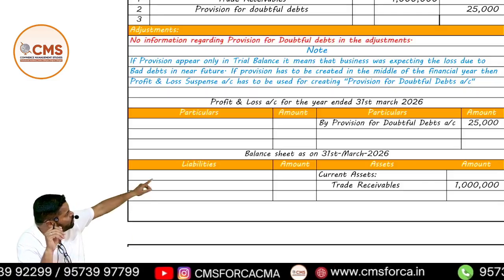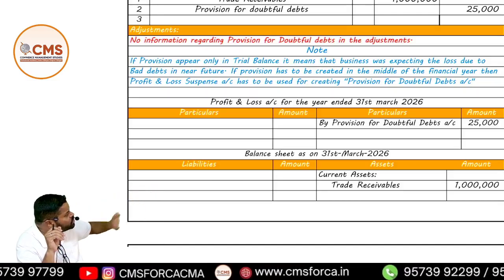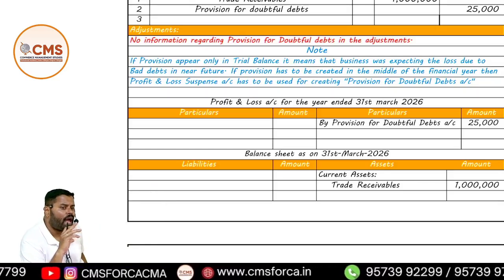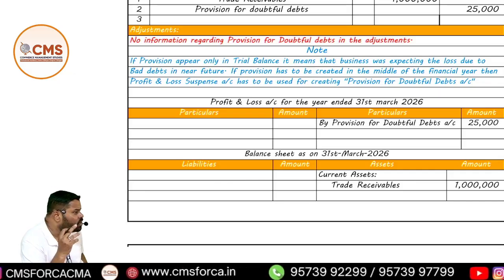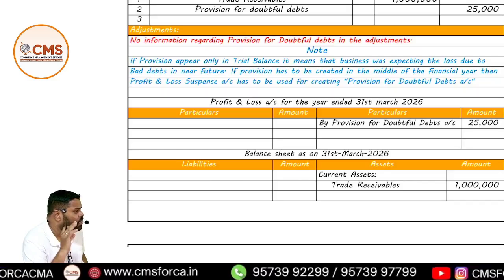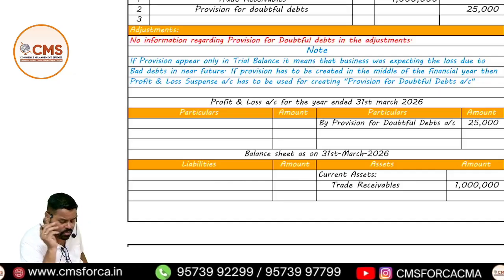Then close the provision in your P&L account credit side. So what is the meaning of this 25,000? You were anticipating 25,000 loss, but nothing was lost. You got the entire 10 lakhs, or you are confident that you will get the entire 10 lakhs. Am I being clear with the first option here?